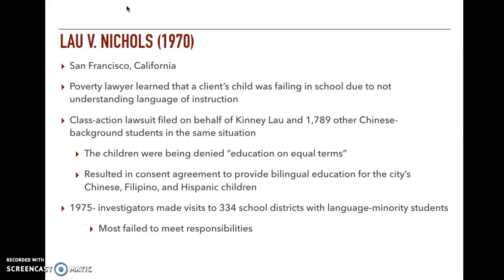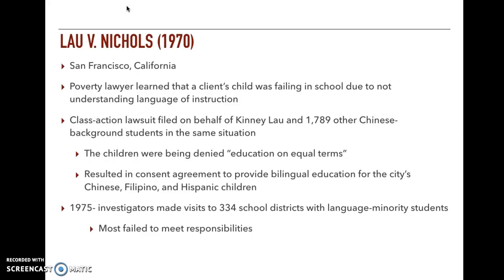Lau v. Nichols, 1970. This case took place in San Francisco, California. A poverty lawyer learned that one of his client's children was failing in school due to not understanding language and instruction. It was a class action lawsuit filed on behalf of Kinney Lau and 1,789 other Chinese background students in the same situation.